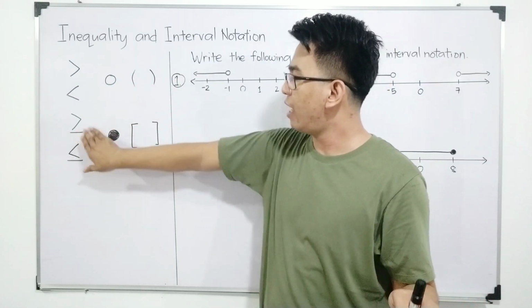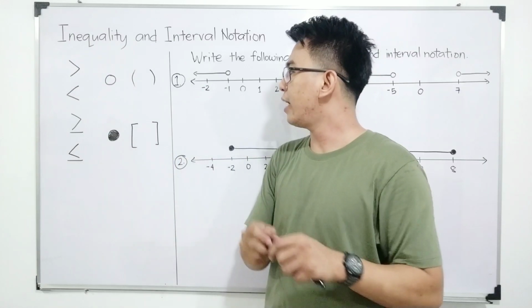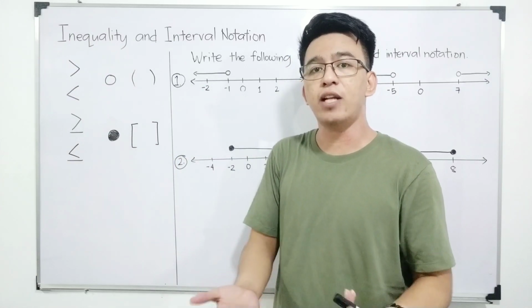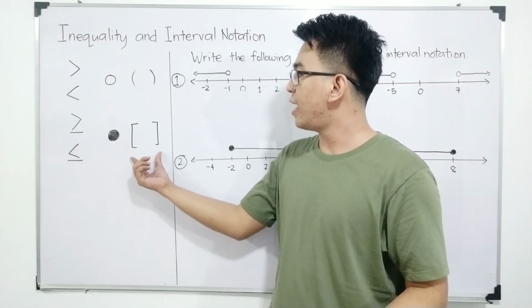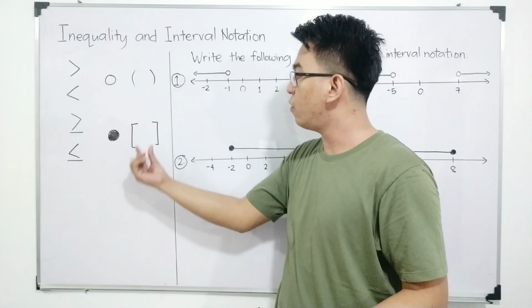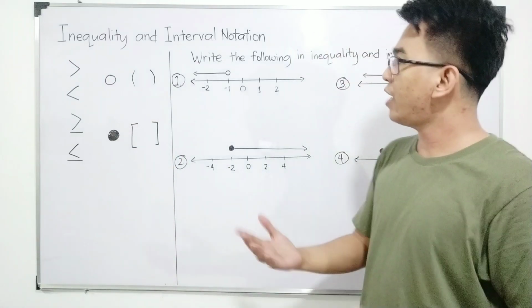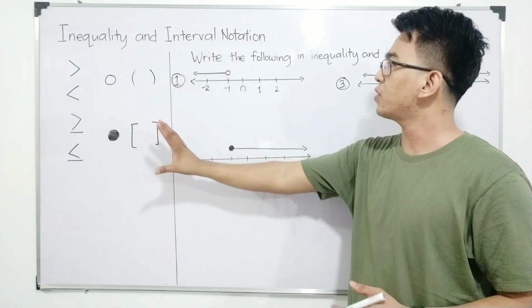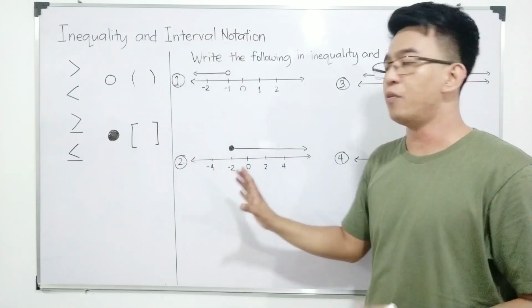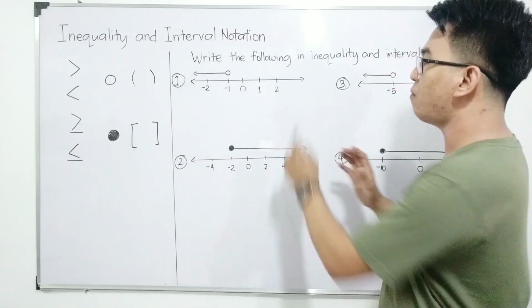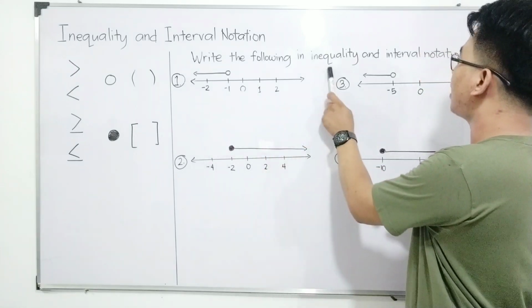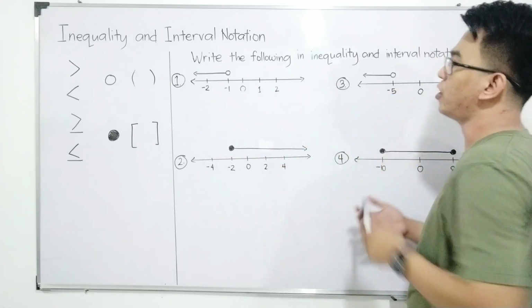And kapag naman available, yung ating greater than or equal, less than or equal, o kaya solid circle, ang option natin ngayon ay hindi yung parenthesis, kundi yung bracket. So, para maintindihan nyo yung tinutukoy ko about these different symbols, I have here 4 different examples para i-represent natin itong mga number lines na to into inequality symbol and interval notation.